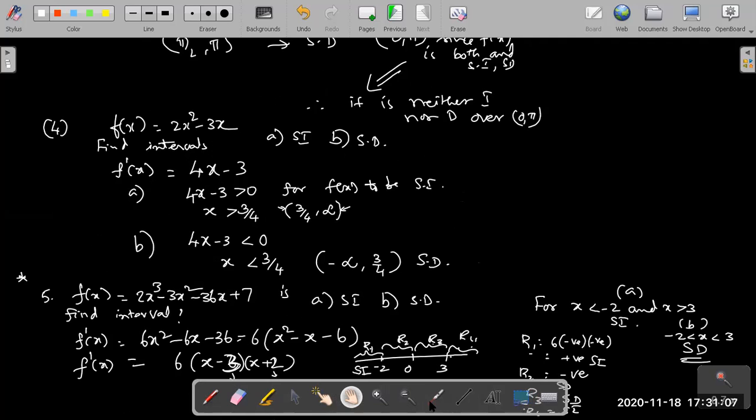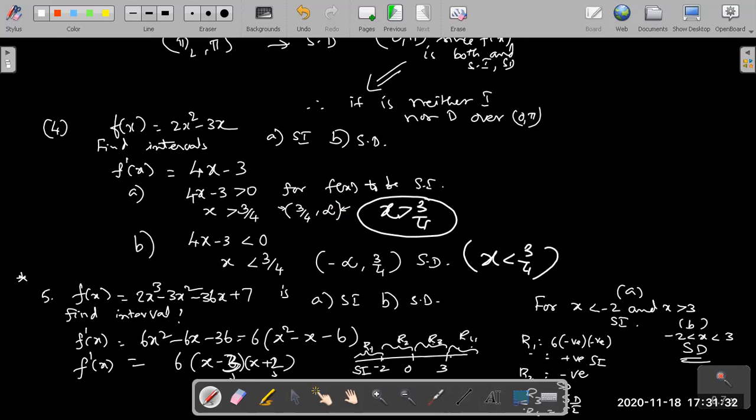So we indicate this way. The intervals are to be indicated this way with a curved bracket, 3 by 4 to infinity. You can also write x is greater than 3 by 4. That also we can do. So next, we did the less than 3 by 4.